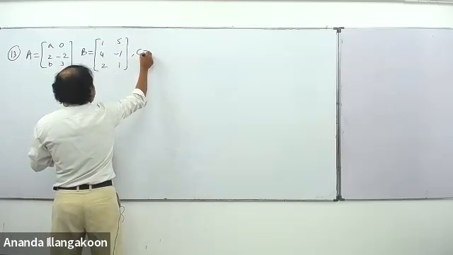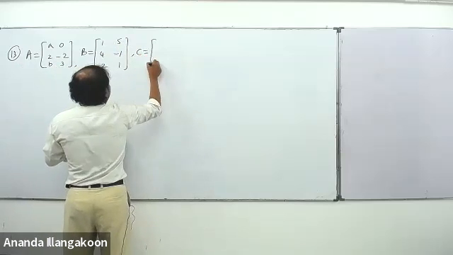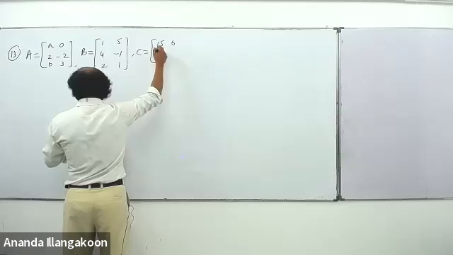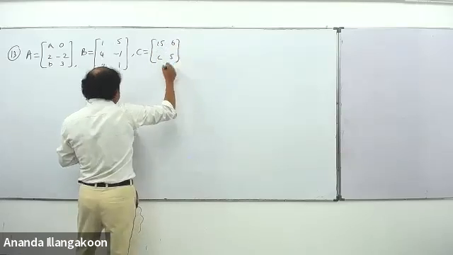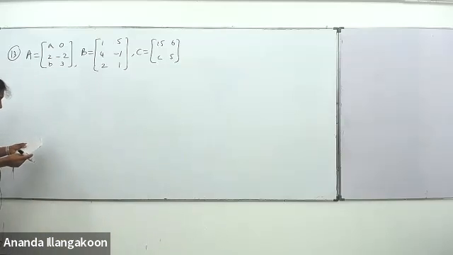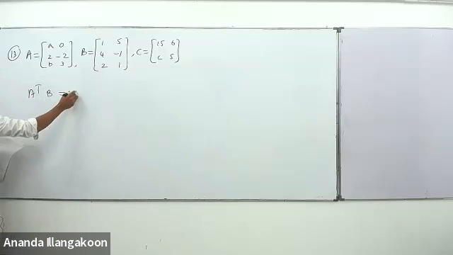C equals [15, 6, C, 5]. Right. The matrices are such that A transpose B equals C.